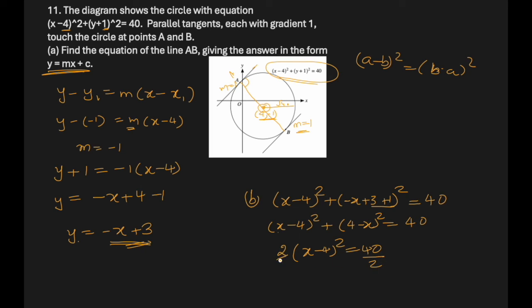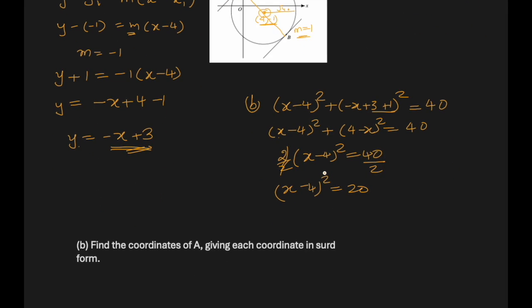Get rid of the 2. (x minus 4) squared equal to 20, and square root both sides. x minus 4, because square root and square cancel out, equal to plus minus square root 20, and x equal to 4 plus minus square root 20.